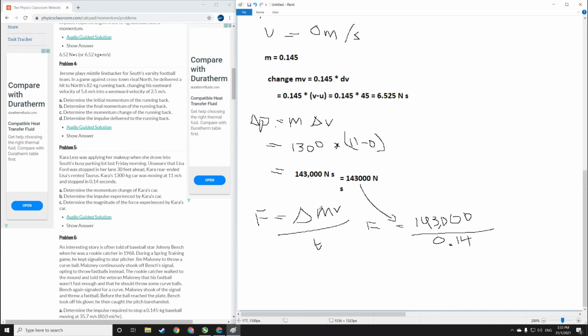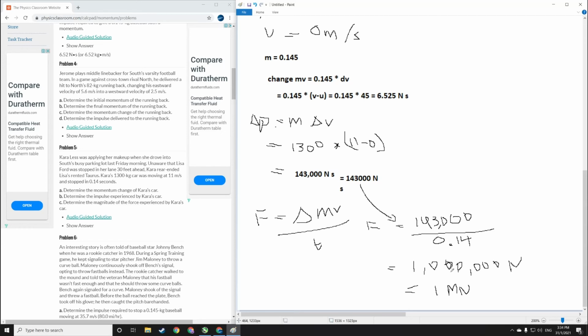And so if we plug that in, 143,000 divided by 0.14, a pretty big answer. It's roughly 1 million newtons. That's quite a bit. And so we can actually write this as 1 meganewton. Because, well, 1,000 newtons is a kilonewton, and you multiply that by 1,000, you get a million, so that's meganewton. So that should be roughly our answer.